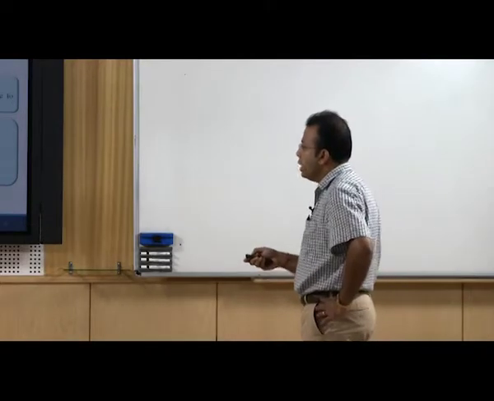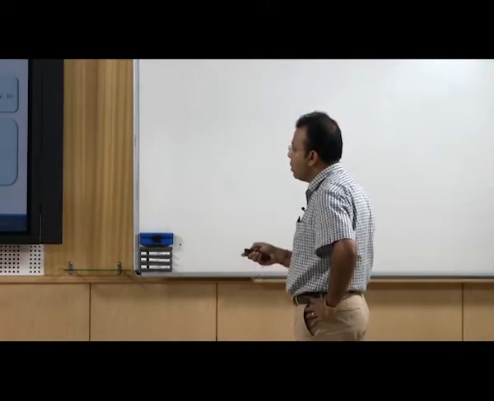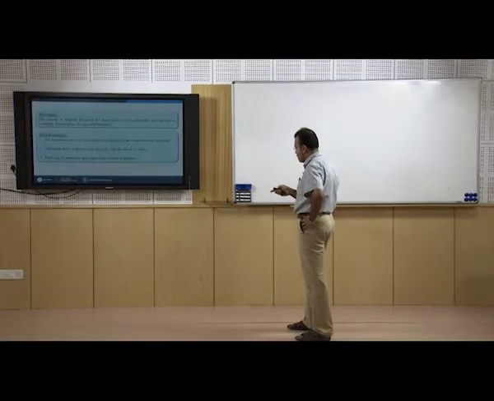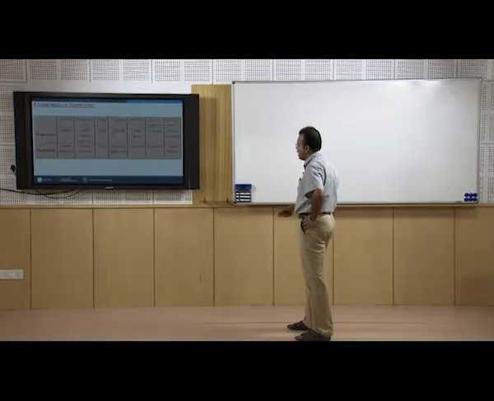Disadvantages: the deposition rate is low compared to electron beam evaporation and sputtering. Additional safety features come into play with the use of UV lasers, the equipment cost is high, and skilled operators are required. These are all the disadvantages in this particular case.